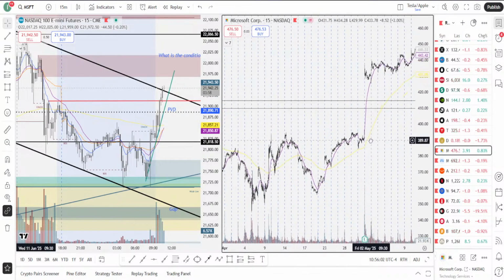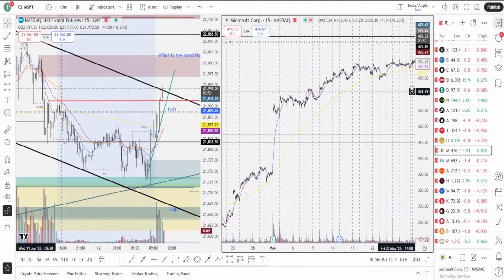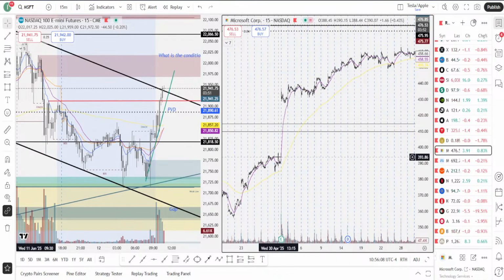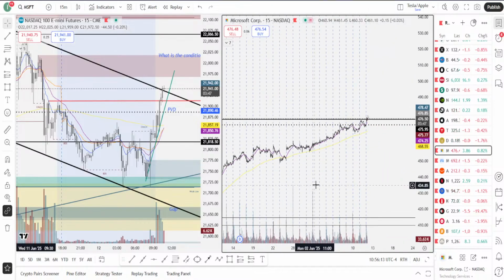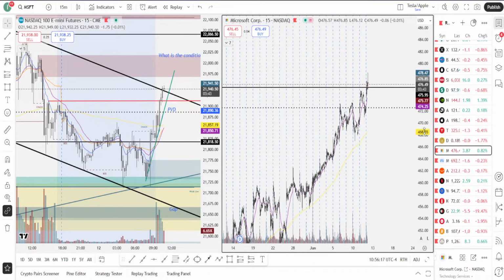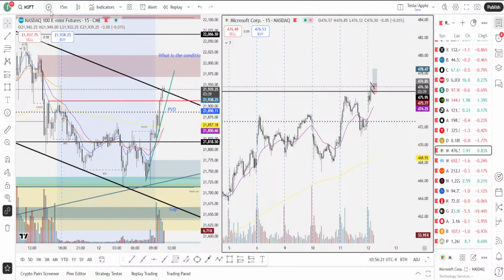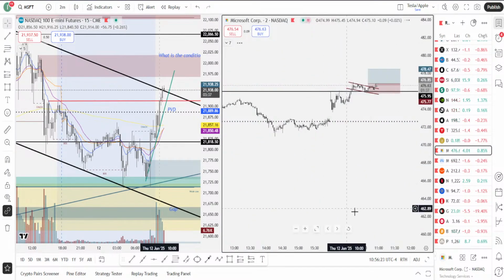God damn. Holy shit. Yo, look at this. Look at that gap right here. Holy shit. Microsoft looking really good all of a sudden, yo. Looking really good.